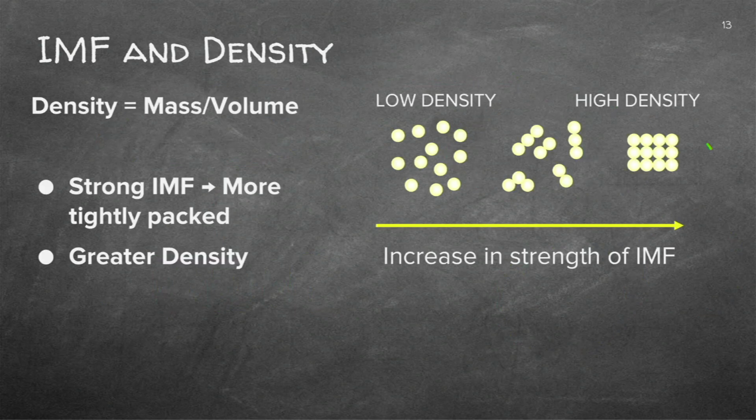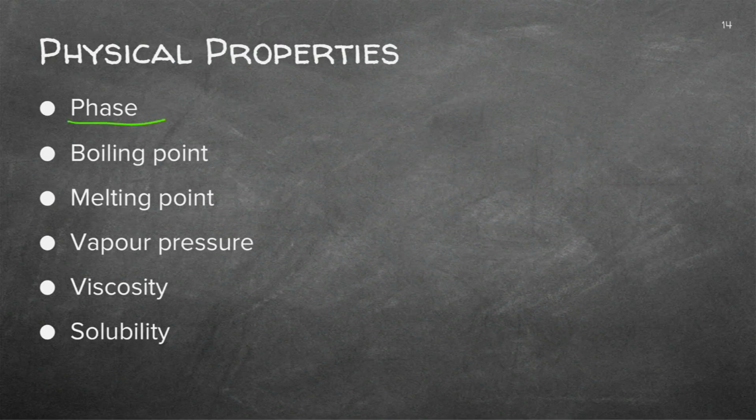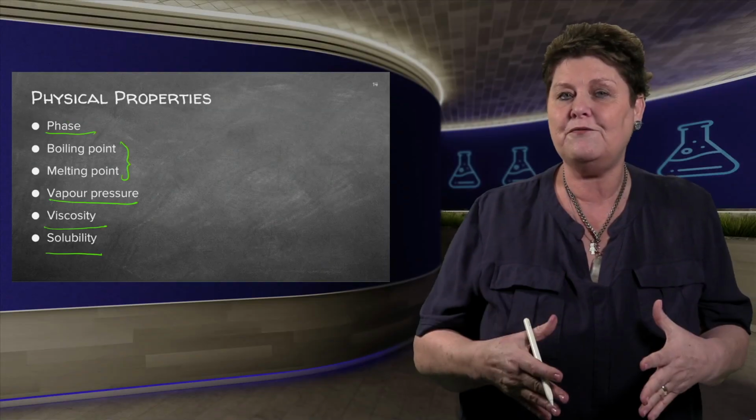The density, can you see the higher density? Stronger forces, more energy to break them than those with the lower density. So all of these aspects, the phase, the vapor pressure, the viscosity, the solubility, will be determined by the boiling and the melting point. Remember, you've got to know these definitions.